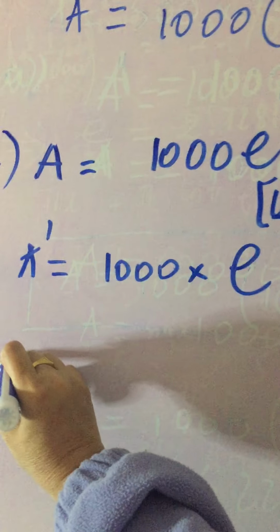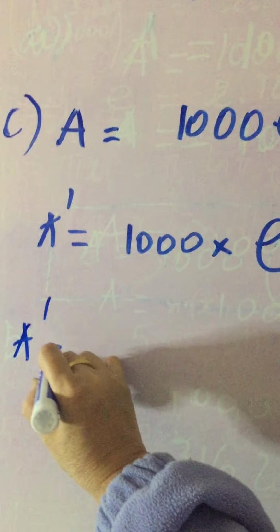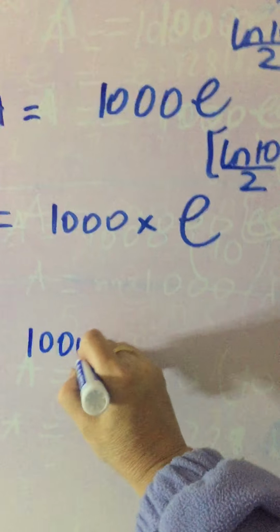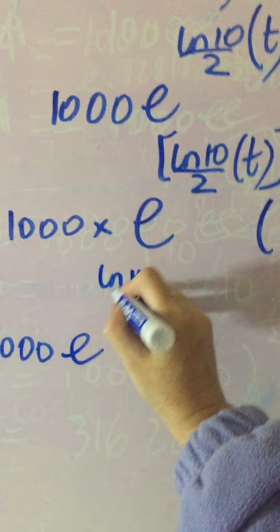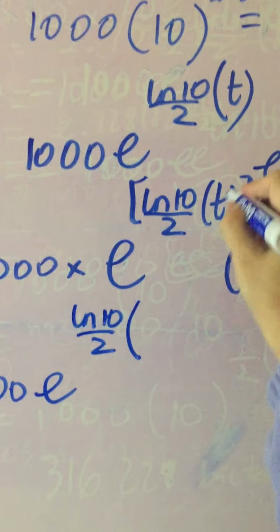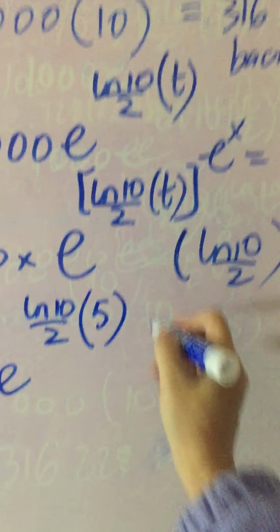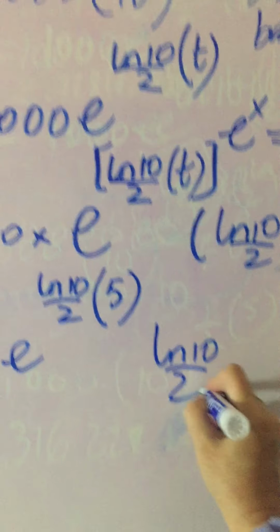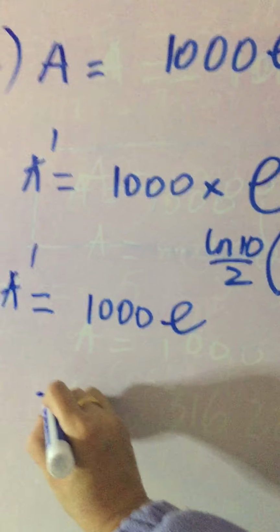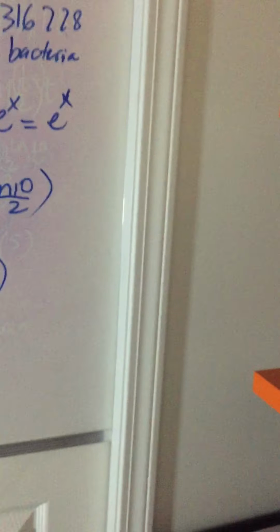Now we substitute in. We find the rate of growth is 1000 e^(ln 10 over 2 times t), with t being 5 hours because that's what they asked for, times ln 10 over 2. And let's see what it will become.